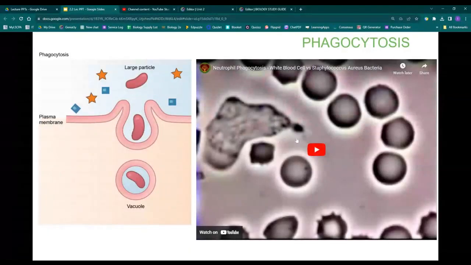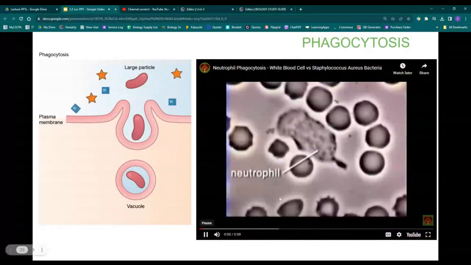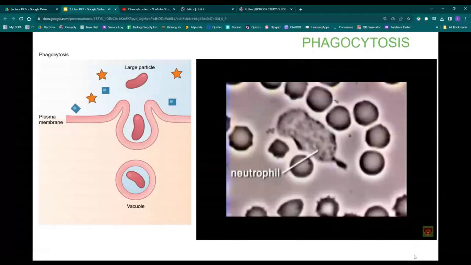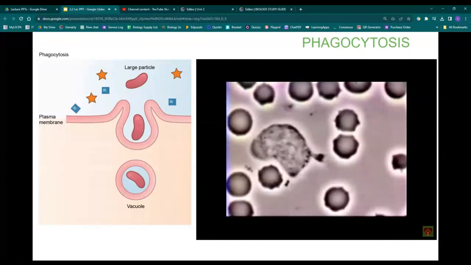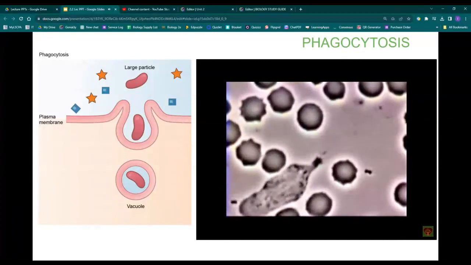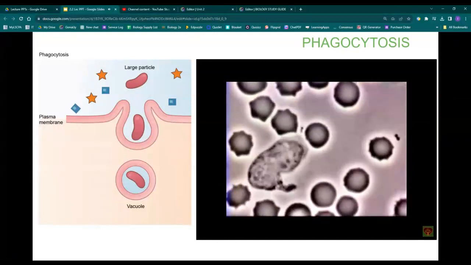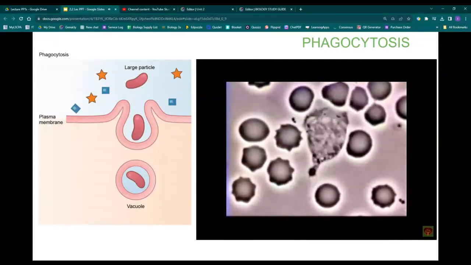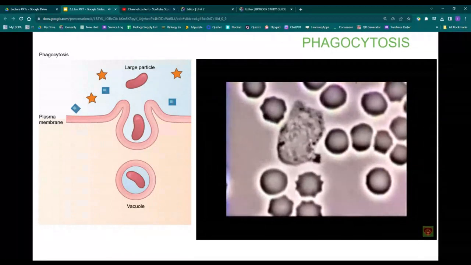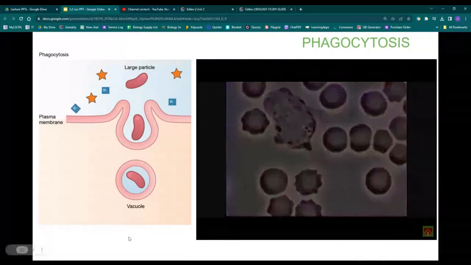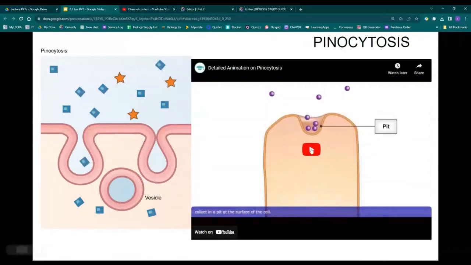So here is a picture of phagocytosis, and we can watch a short video of phagocytosis. Here we can see pinocytosis.